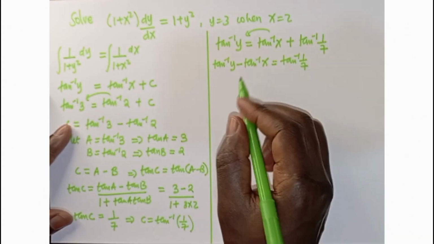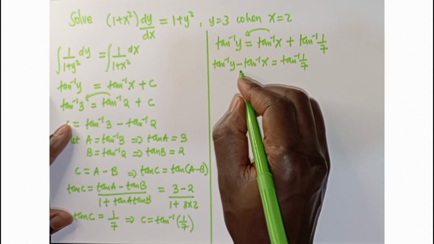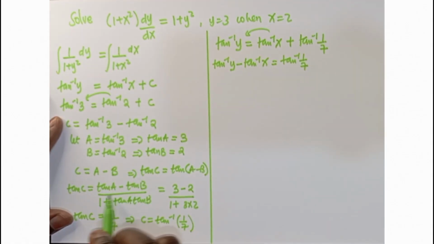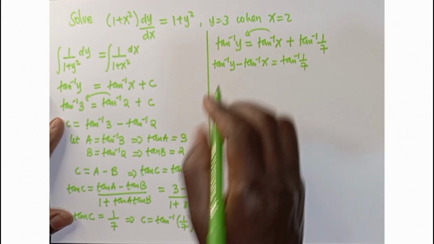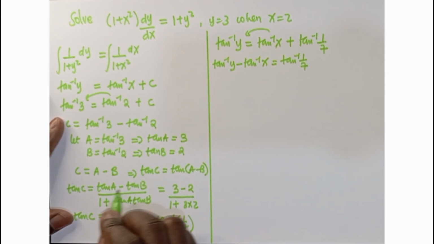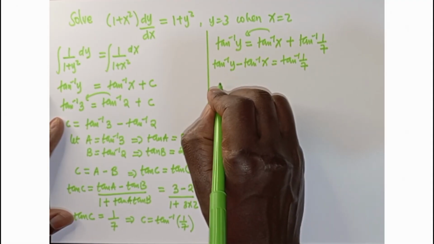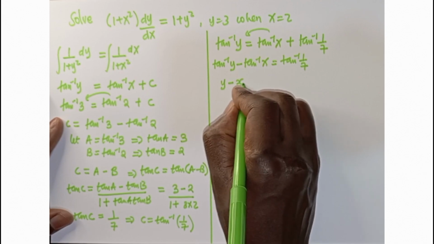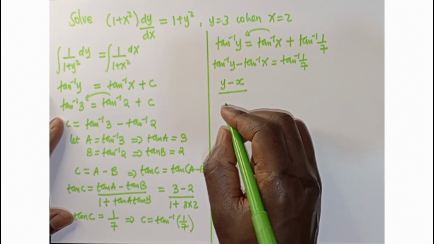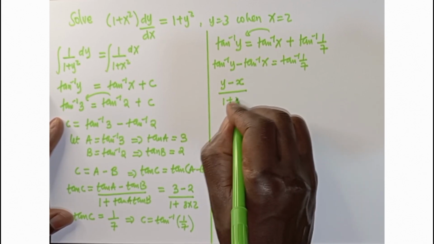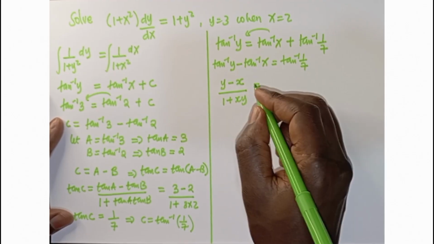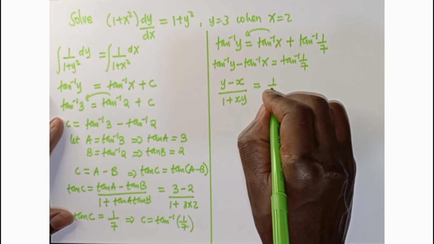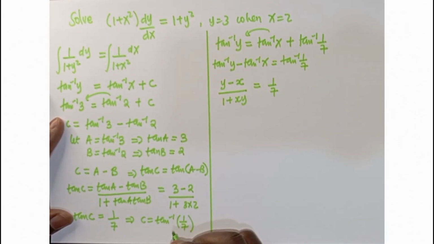Now, if you clearly see this, it takes on the same path, whereby we can just resubstitute here. So this ends up being y minus x out of 1 plus xy is actually equal to 1 out of 7.